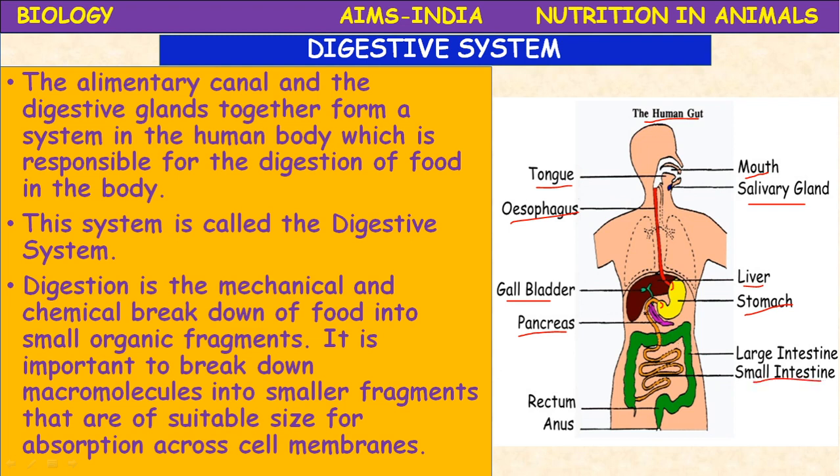The first part of the small intestine is the duodenum, where this pyloric sphincter is present, which allows only a small quantity of food to enter into the duodenum. The duodenum opens into the next part, the jejunum, and finally into the ileum. Ileum is the terminal part of the small intestine, where the absorption of digested food also takes place.